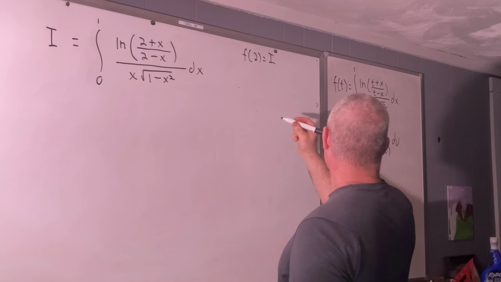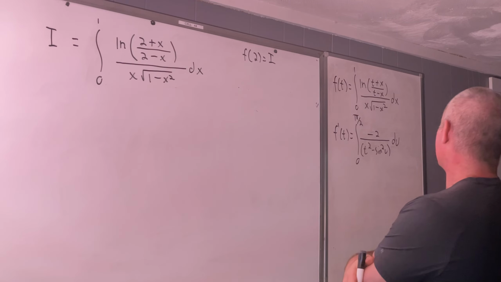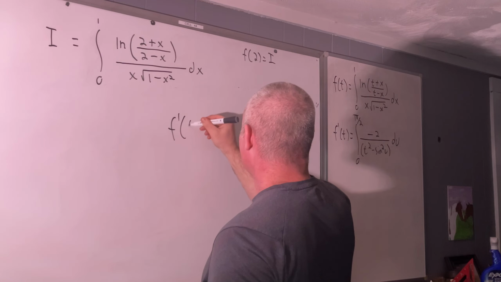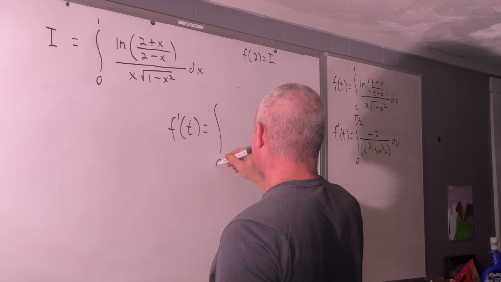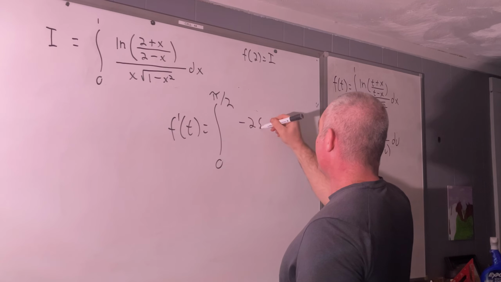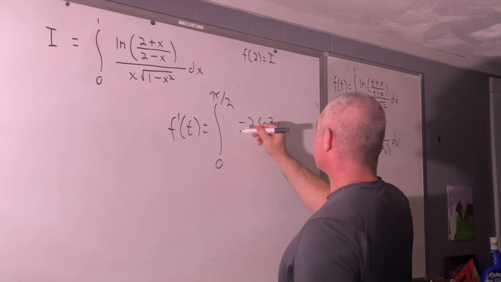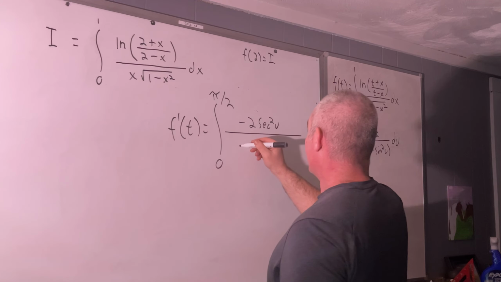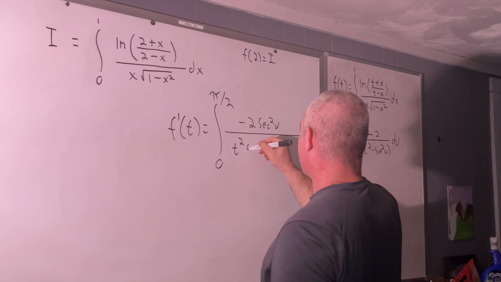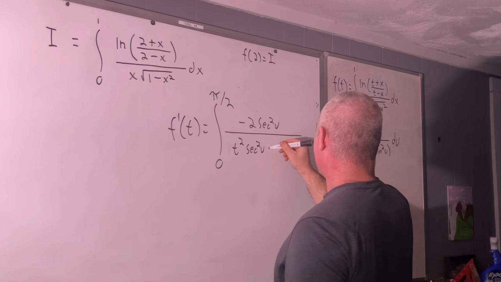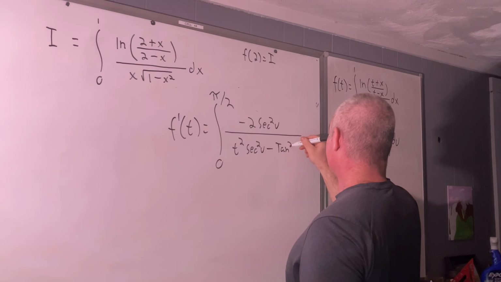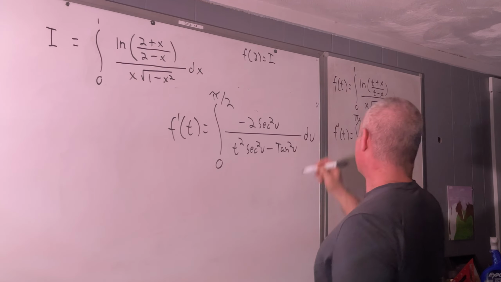All right, what are we doing? We're just multiplying the top and the bottom by secant squared u right now. So f prime of t is equal to the integral from 0 to pi over 2 of negative 2 secant squared u over t squared secant squared u minus tangent squared u du, right?